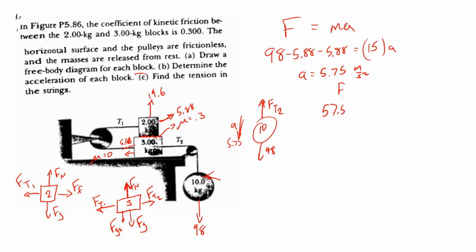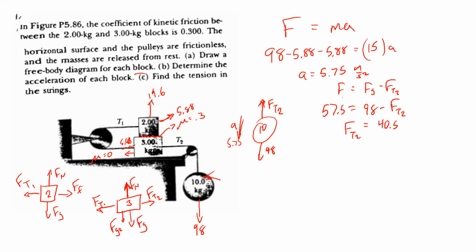So force net is equal to force G minus force T2. So this is going to be 98 minus something. Alright, so FT2 is going to equal 98 minus 57.5, 40.5.